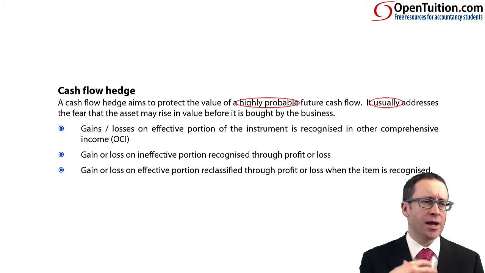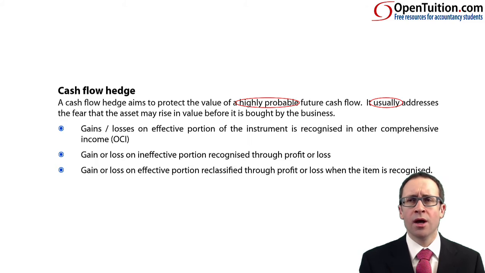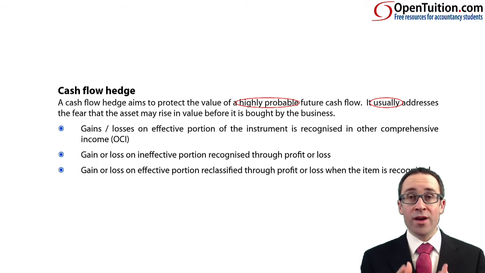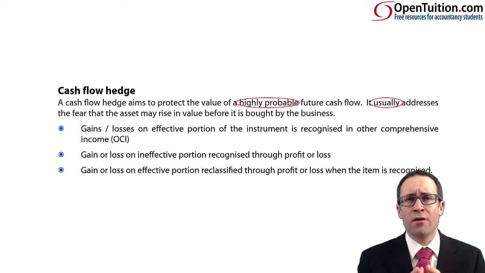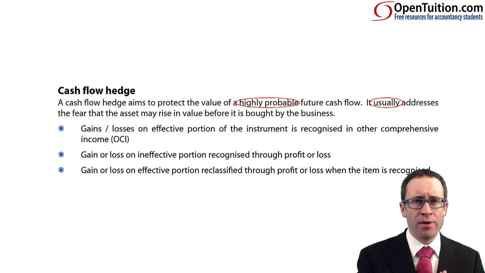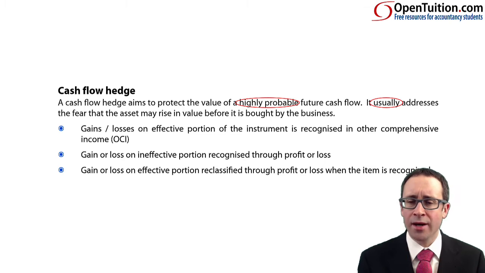So if you're looking to buy a new non-current asset, or buy some commodity in the future that you're looking to put into your inventory of finished goods, then the fear is of a price rise. And the reason why I emphasize the fear of a price rise, okay, is because that's what we think about when we talk about the derivative. So just keep that in your mind.